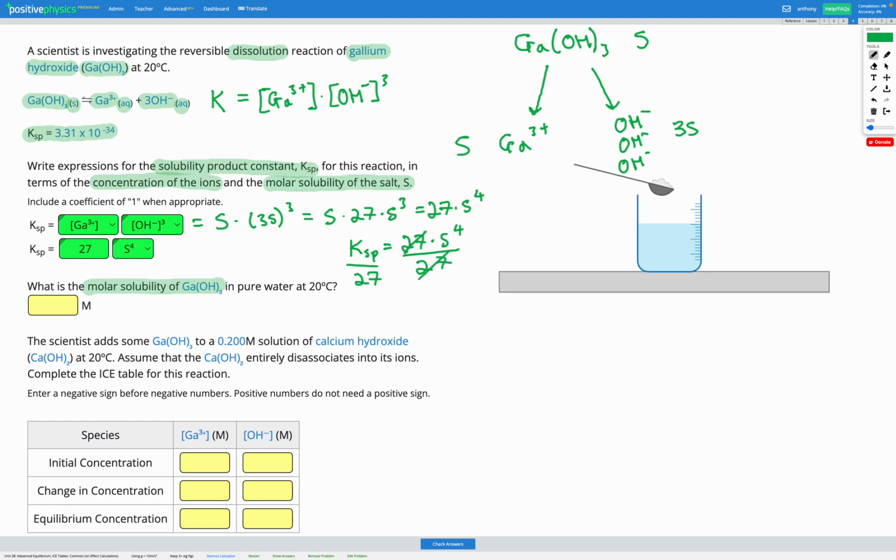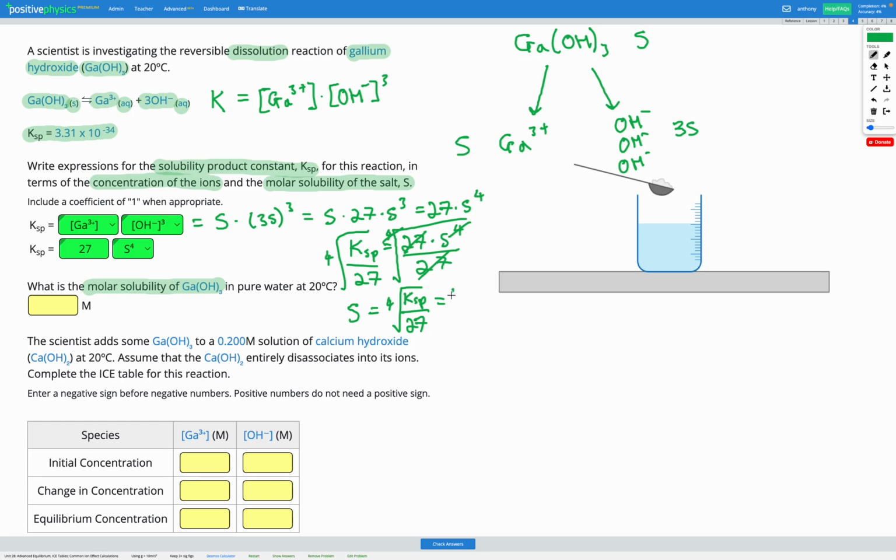Then we've got S to the power of 4, so we're going to need to do the fourth root. So that gives us S is equal to, because the fourth root and to the power of 4 cancel, the fourth root of KSP over 27.